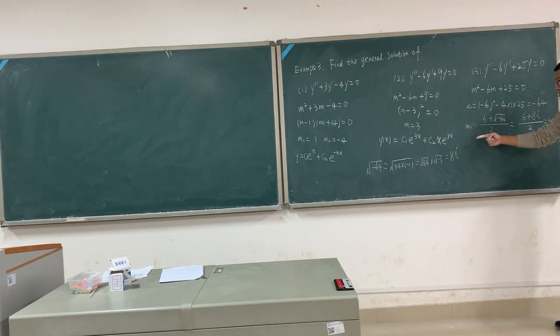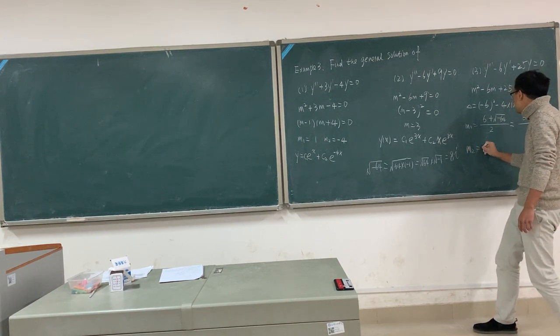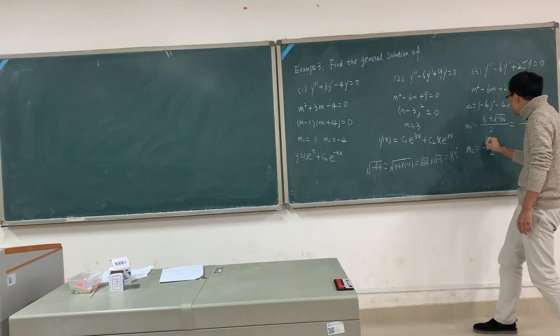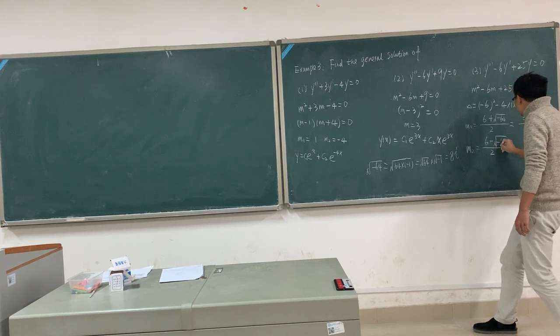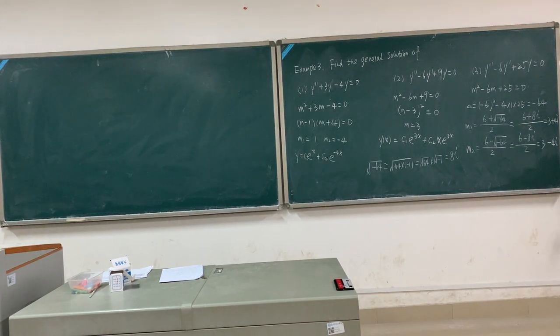So the first root. The second root is what? m2 equals (6 minus the square root of minus 64) over 2, so here should be (6 minus 8i) by 2, yeah? So the result is 3 minus 4i. So here a equals 3 and b equals 4.